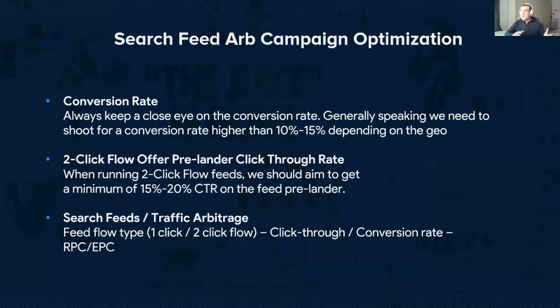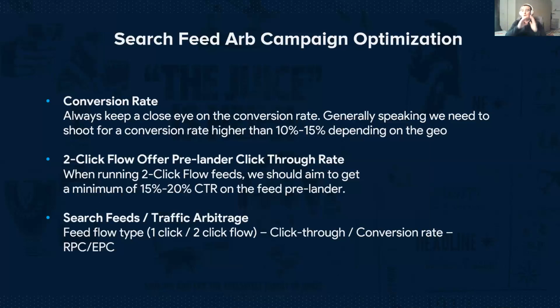Then, being on the optimization subject, some things to keep present about these offers, or some of the key metrics that we would like to keep present about this type of offers, is the conversion rate.